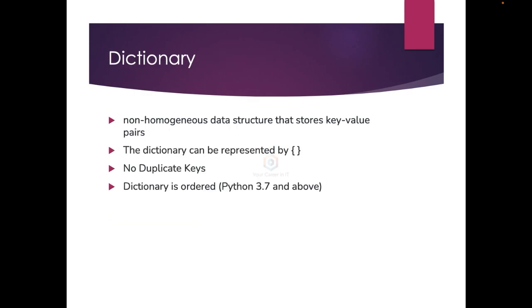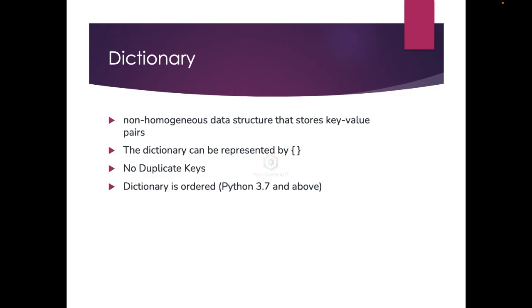Now we will discuss dictionary. What is a dictionary? The values are stored in the dictionary as key value pairs. It is a non-homogeneous data structure. The syntax of the dictionary is represented by curly braces.